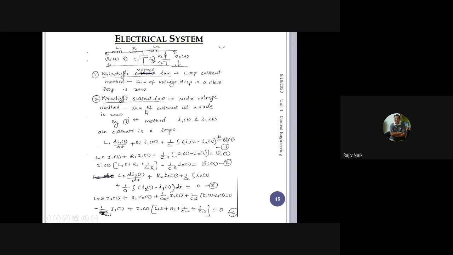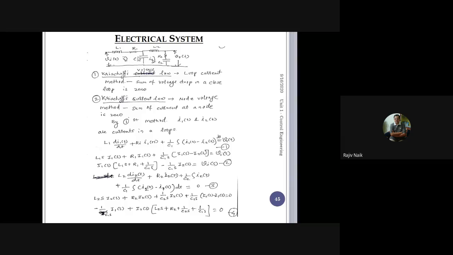The node voltage method says that the sum of the currents at any given node is zero. The algebraic sum of the currents: suppose you take this point as a node. The current coming towards the node plus the current going away from the node is equal to 0.